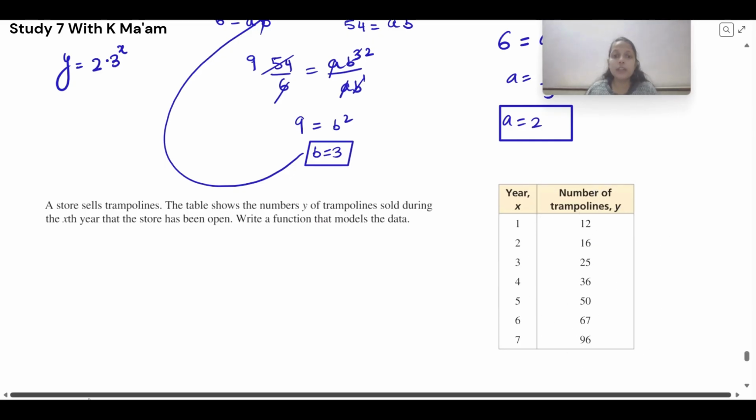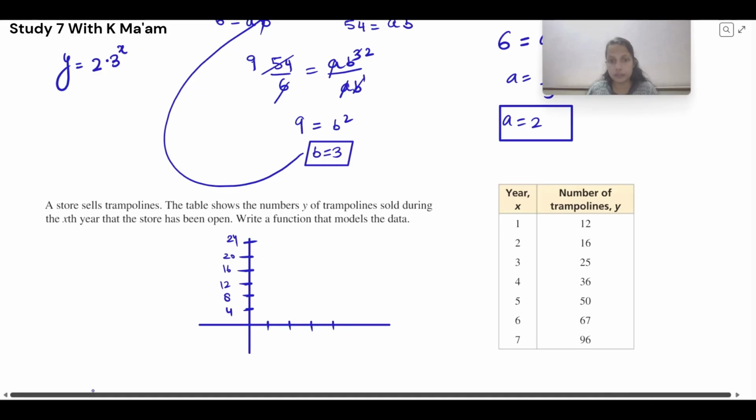So I will try to draw a model. Does anything work well here? Let's see, I will draw it. Then we can identify what type of function it is. 1, 2, 3, 4.